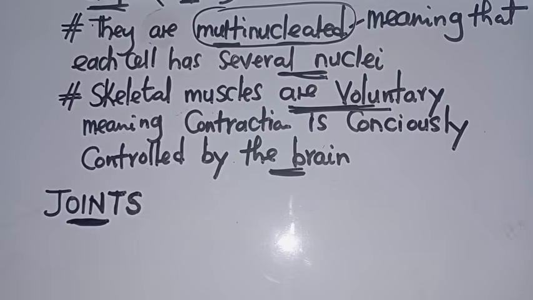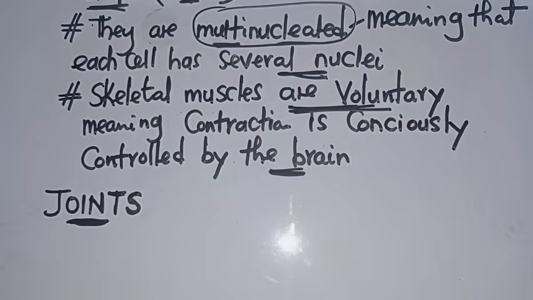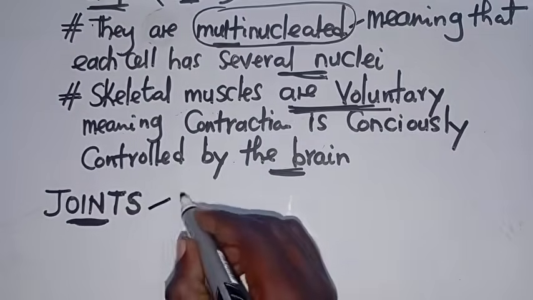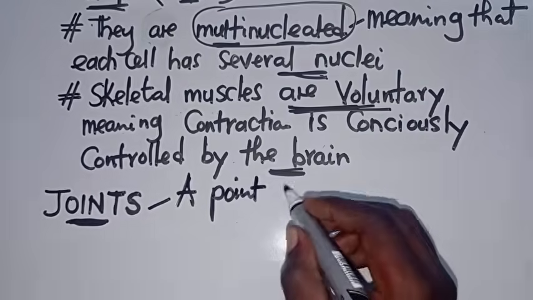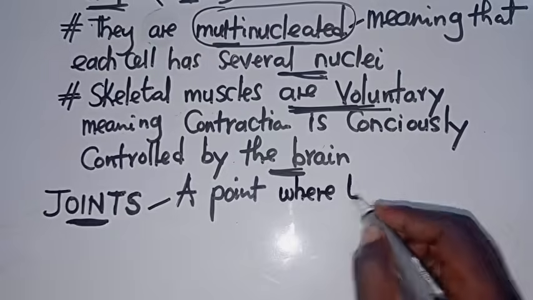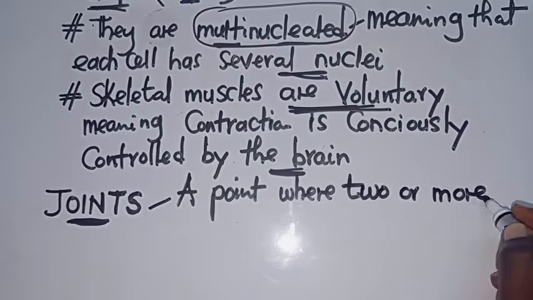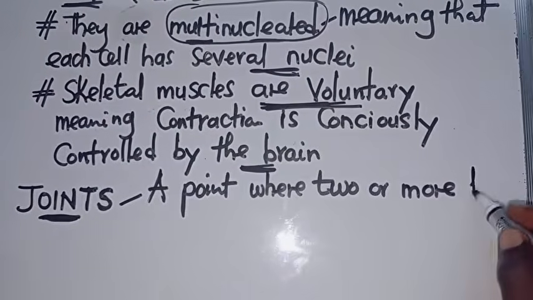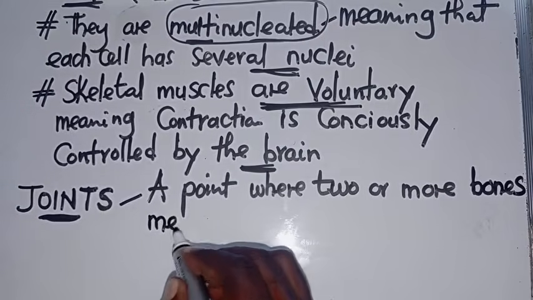What is a joint? You start analyzing it. Like you are able to tell me that, okay, I've got these joints. So what are joints? A joint is a point where two or more bones get to meet.